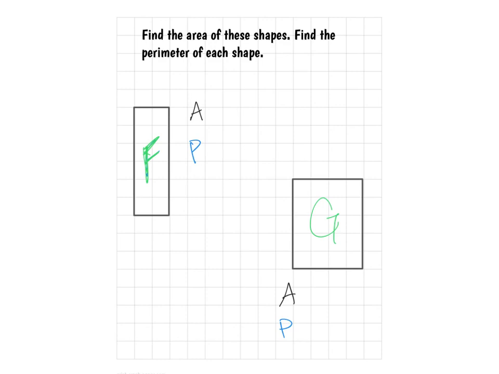So you'll do this on Classroom. So now I'll go ahead and go back to Classroom, and you're going to find the area and the perimeter of shape F and the area and the perimeter of shape G. And that is your math lesson for today.